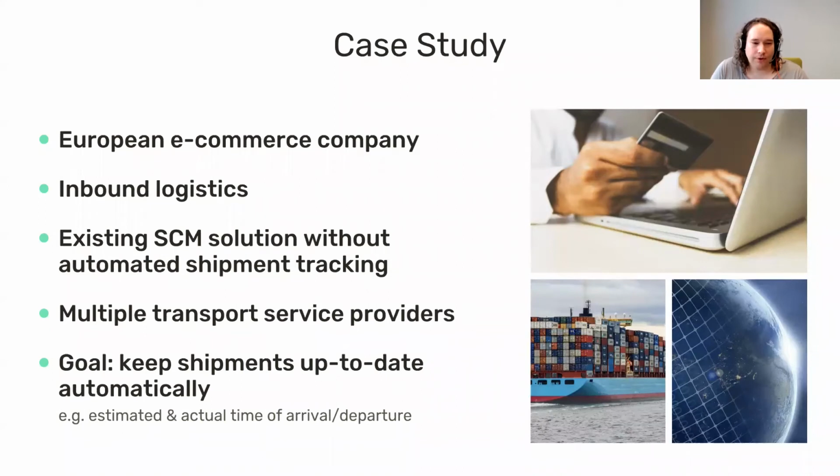It wasn't only the logistics department, it was also people who were promoting products. They need to know when the products are arriving, and when they are available for sale, to really promote them at the right point in time.